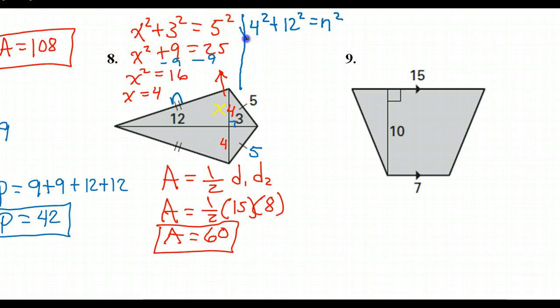If I take the square root of both sides, that's going to give me n equals 4 radical 10. So that means this is 4 radical 10, and this is 4 radical 10.